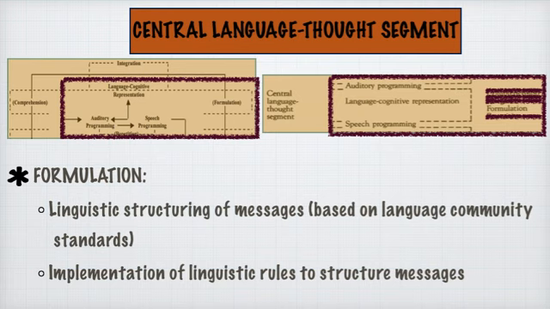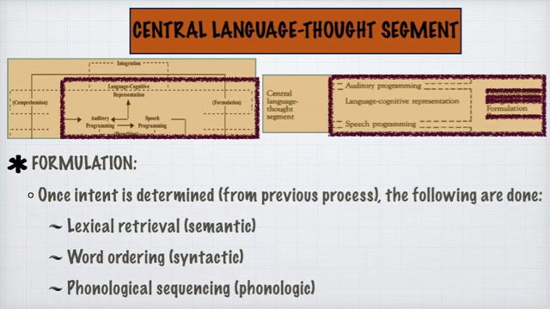Next, for our formulation, this is more expressive, because you are now formulating. So this is the linguistic structuring of messages and the implementation of linguistic rules to structure messages. So once intent is determined from the previous process, when we integrated, an intent was formed, and the following are done.